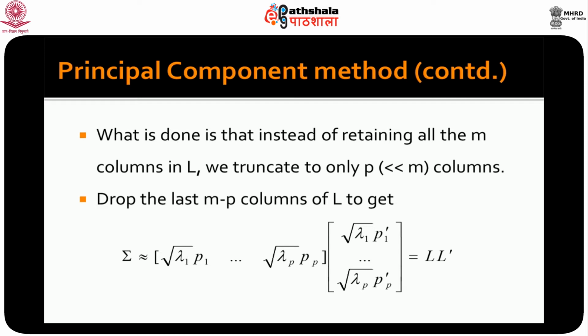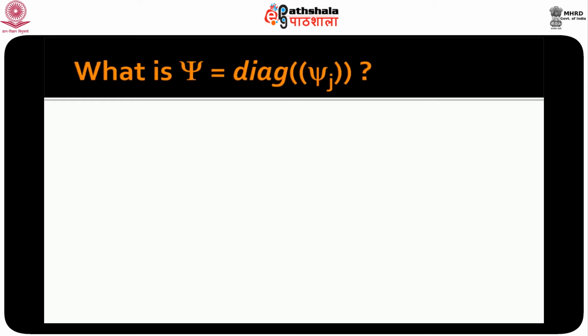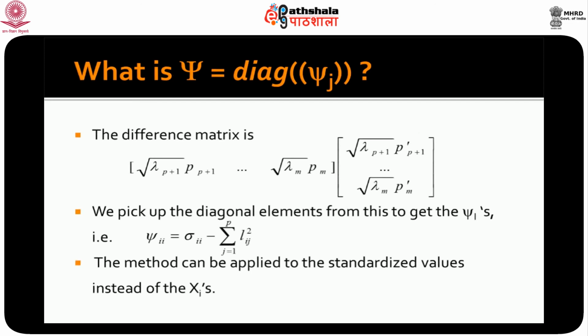Now, this would give us an L L prime, which would be different from what we had before. Now, the last m minus p columns are deleted. But then in this case, of course, it will not be exactly equal to sigma because we are leaving out some of the columns. So, what we get now is an approximation to sigma.